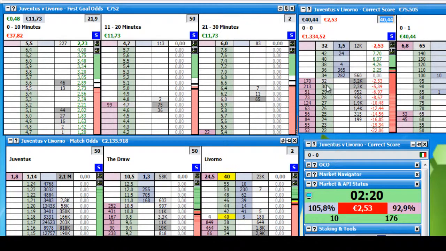If you have a huge amount here, what you have laid, let us say 100 euros, for sure you need a huge amount also here on liability from the lay of the 0-0, and you need a huge amount on this side to close the trade. Okay, so with small stakes it will work very fine.